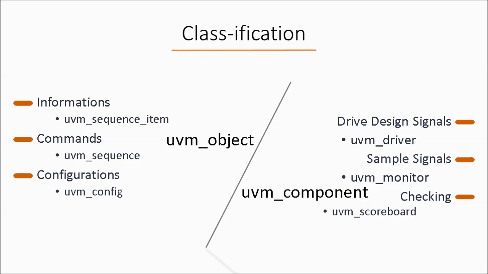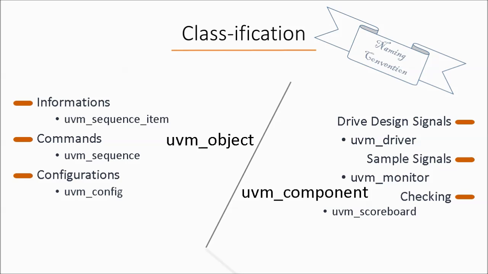Considering the reusability of the test bench, it is a good practice to keep the UVM environment configurable. It may be either timing details or an option to configure the environment to act as transmitter or receiver. All this configuration information can be provided in an extended class of UVM config.